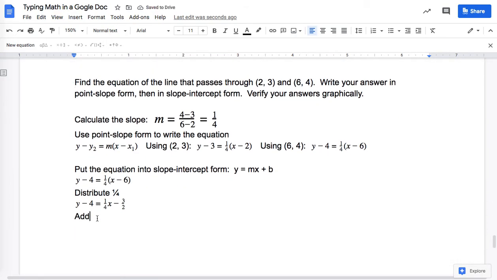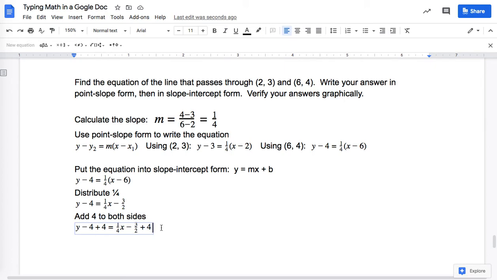Okay, so we're going to add 4 to both sides. We're going to grab this and add 4 to get that y by itself. So plus 4 and plus 4. You can use your calculator for this, or you can just think, okay, 4 is the same as 8/2. So I'm going to have 8/2 minus 3/2.